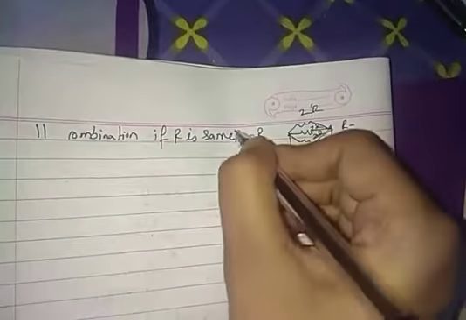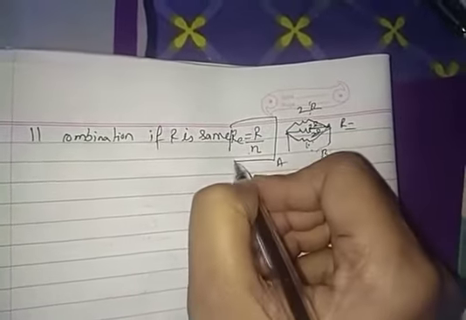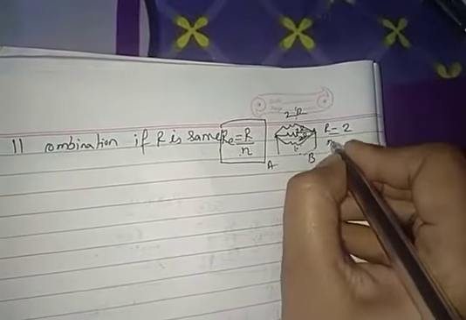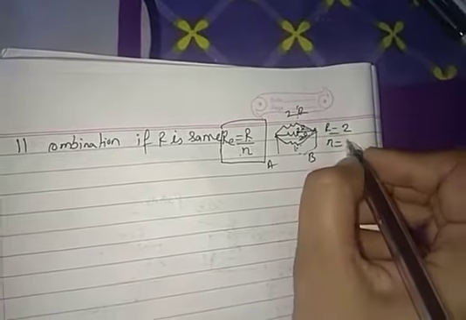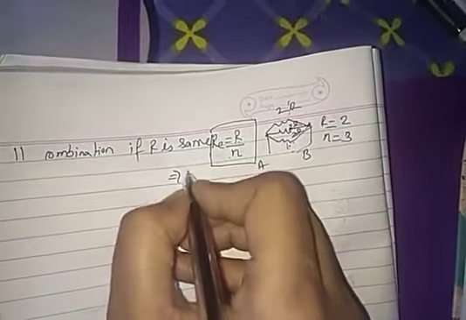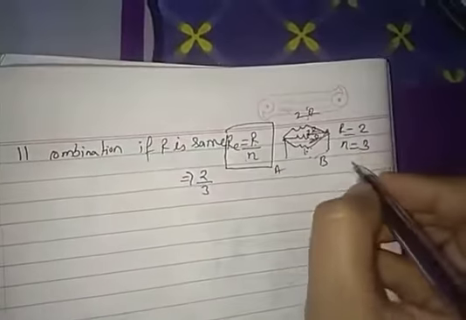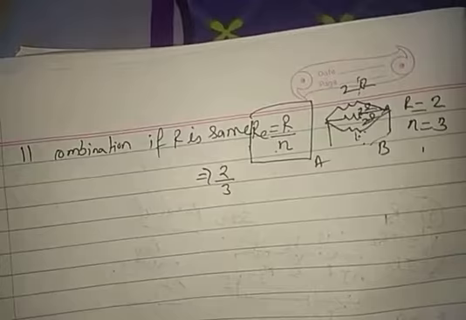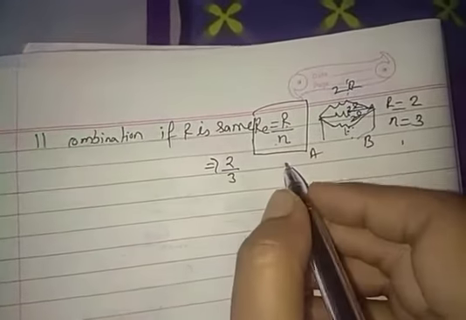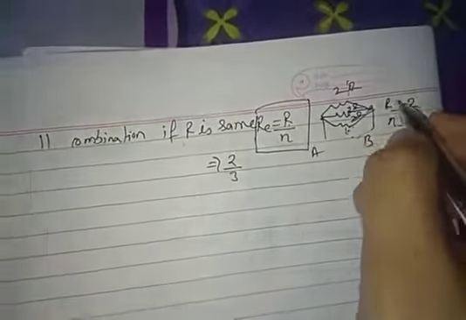This formula will only work, students, if the resistance value is the same. So the value of R is 2, and N means the number of resistances connected, which is 3. So you will be getting the answer 2 upon 3 ohm. Instead of applying that long formula, 1 by Req equals 1 by R1 plus 1 by R2 plus 1 by R3, that formula we will apply when the values of resistance are different.